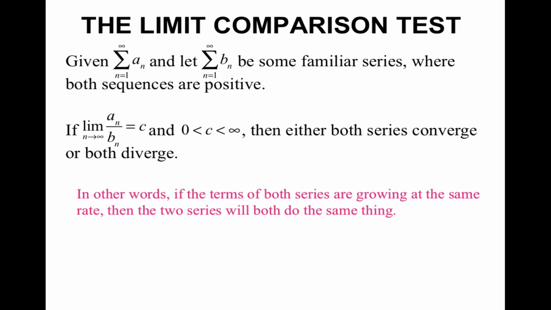In other words, if the terms of both series are growing at the same rate, then the two series will both do the same thing. And it does not matter which one you put on top.